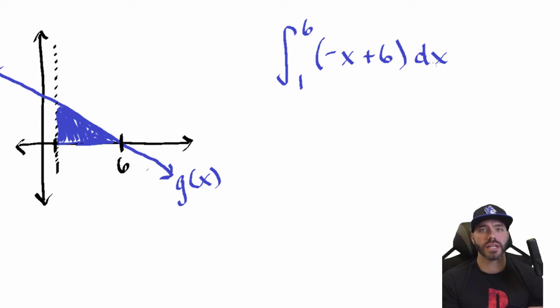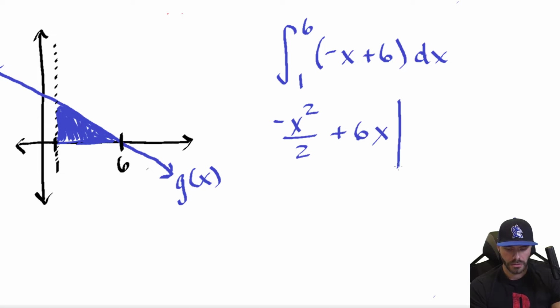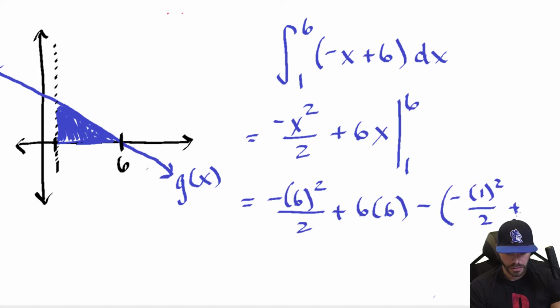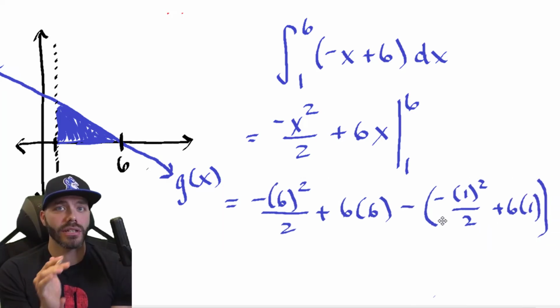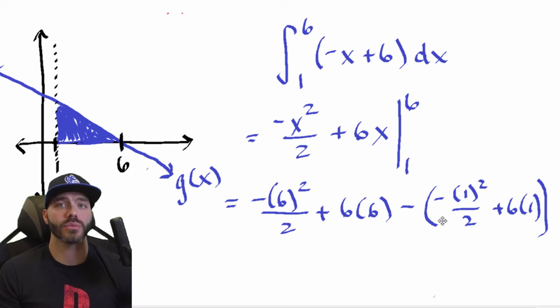All right, let's do the same for the area under the curve of g of x from 1 to 6. I've set up the definite integral. Now let's apply the Fundamental Theorem of Calculus, and it'll look like this. And so the exact area under the curve of g of x from 1 to 6 would be this.